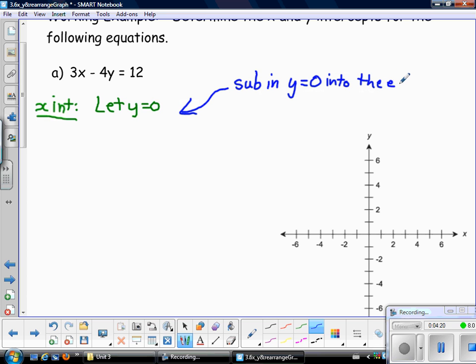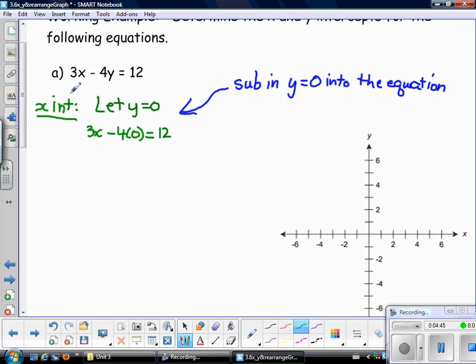And then after we've got it substituted in, you maybe are already thinking ahead. Sorry, as I said, it doesn't like writing over here. I probably don't have something set quite right. Okay, so that means I would have 3x minus 4 times 0 equals 12.